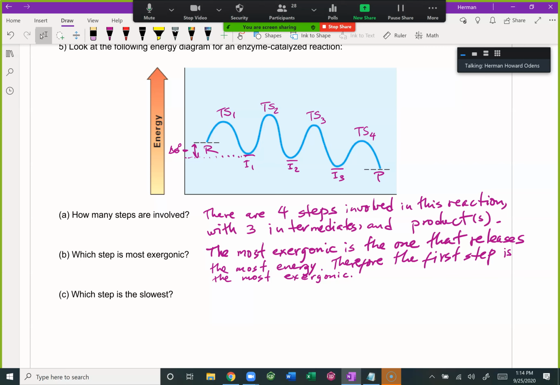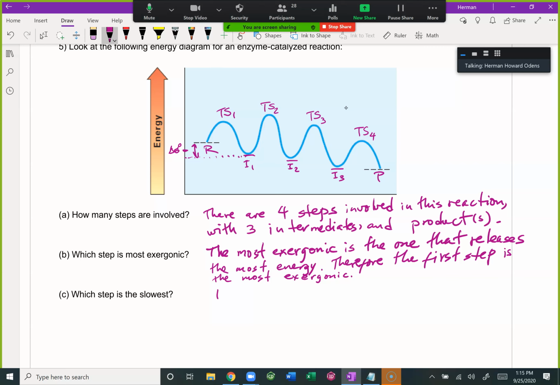Which step is the slowest? Which has the highest activation energy? The second step. Second step, very good.